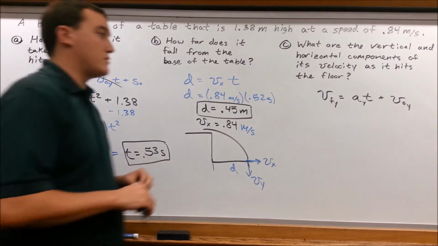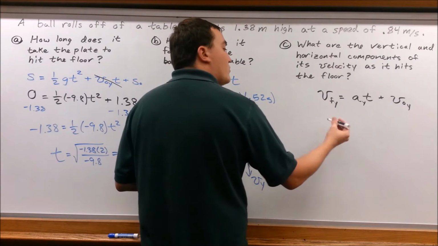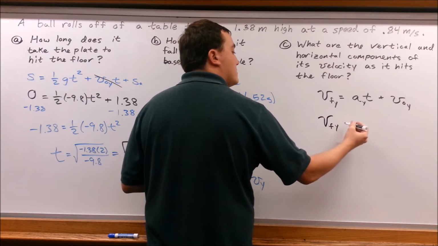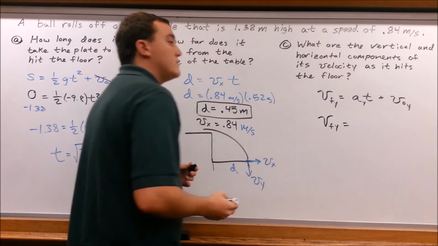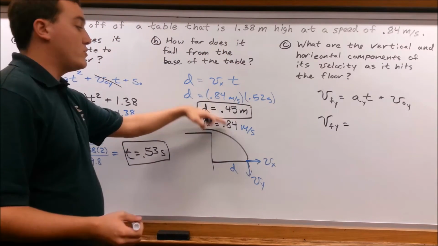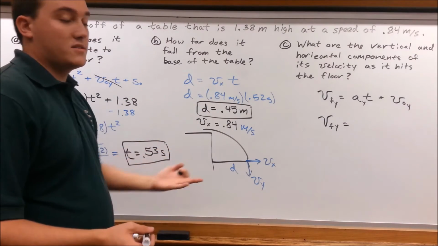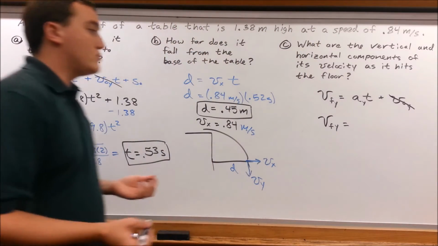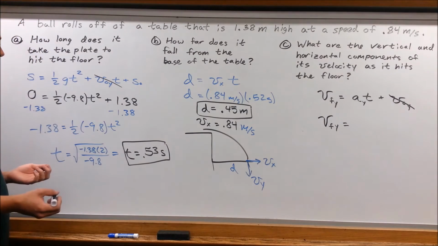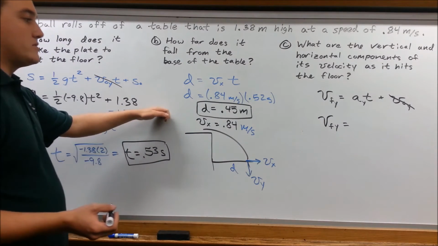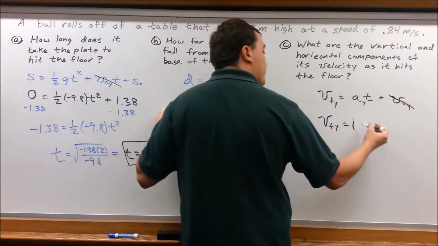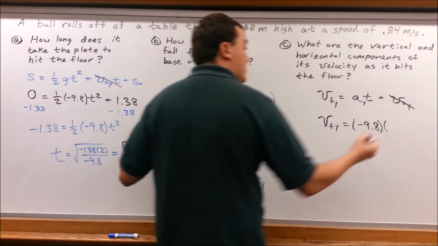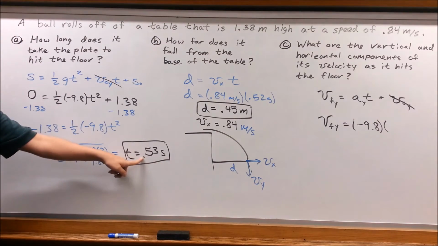So you can put those subscripts. So our final velocity in the y direction, well, we have no initial velocity in the y direction because it's not moving up or down. It just fell off the table. That's gone. So our acceleration in the y direction is just negative 9.8 times the time it took it to fall, 0.53 seconds.